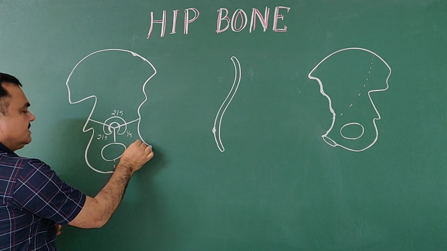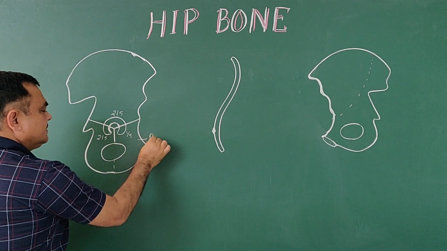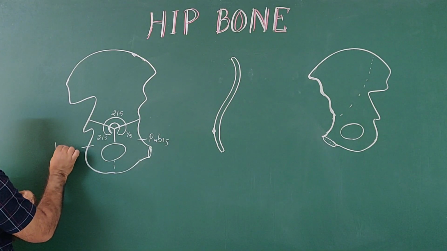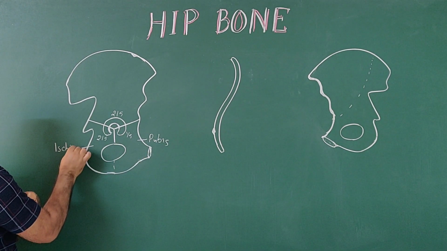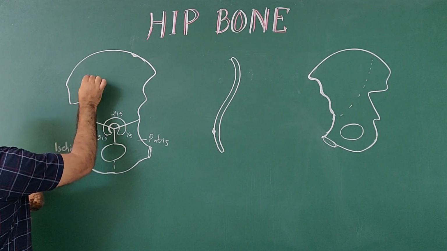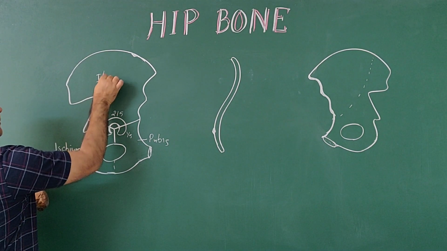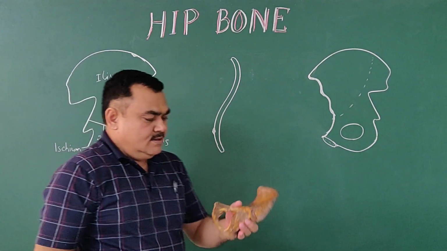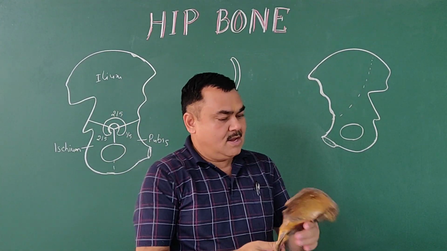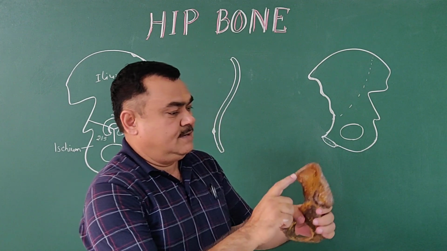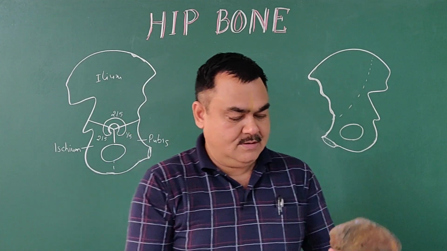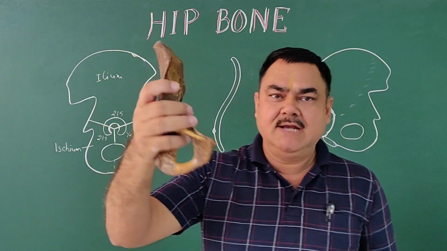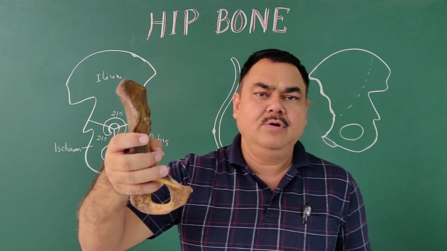So this bone is pubis, this is ischium, and this is ilium. And here you can see, this is a right side bone.